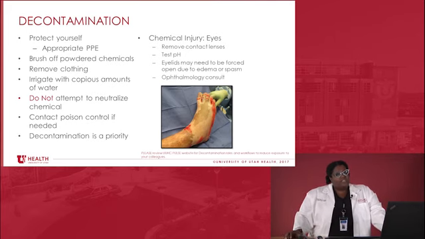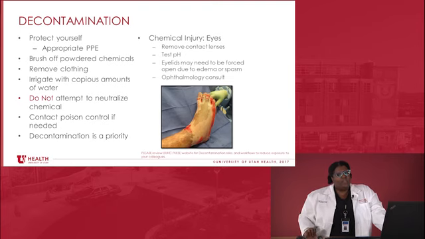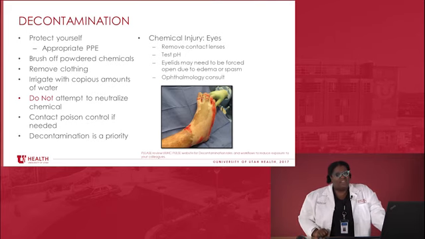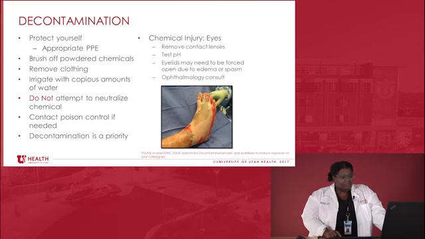We do test some pH with the litmus paper to assess that we're in normal pH. And then we may have to do some forced irrigation because there's edema, and that's a little challenging. So that's why we call our ophthalmology colleagues to help us with that.